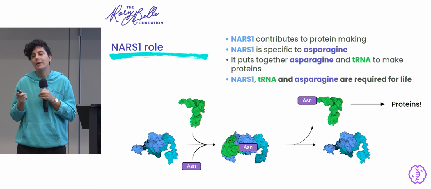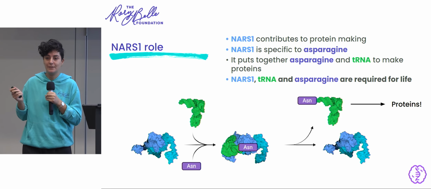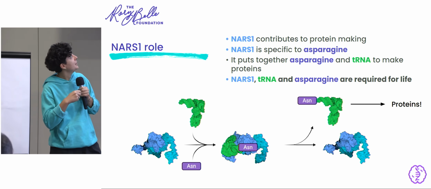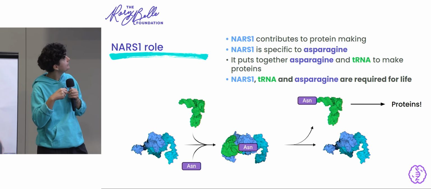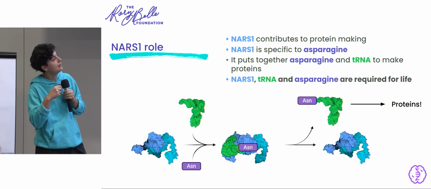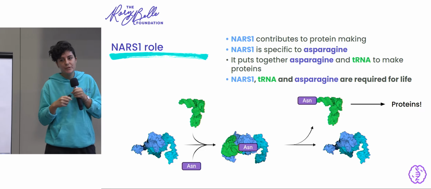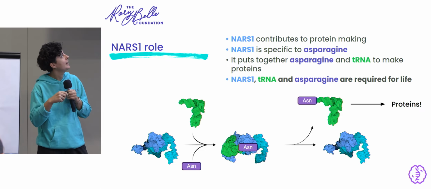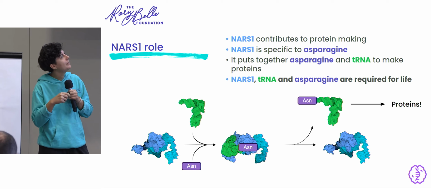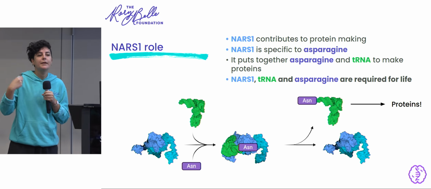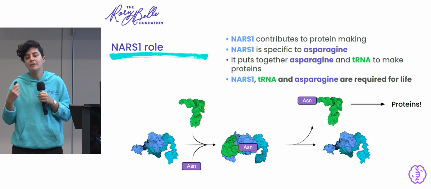And you'll hear more about asparagine in the next talks. So asparagine here in purple and tRNA here in green are being put together by NARS1 right here. And then these two are going to be able to make proteins, like right here. And then NARS1 gets recycled, and so you can put more asparagine and tRNA together.